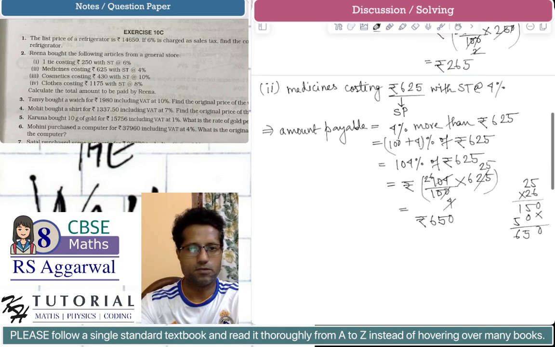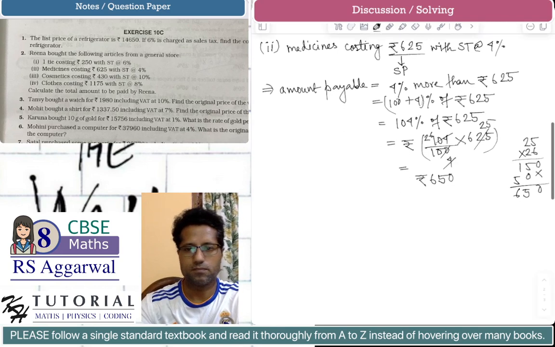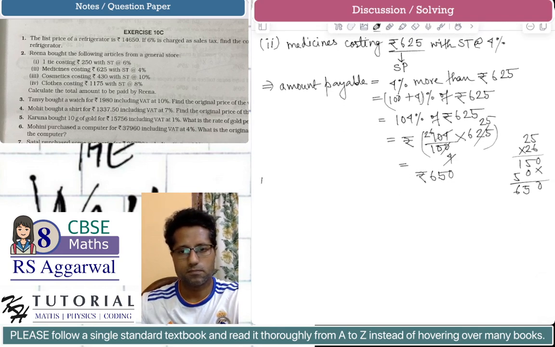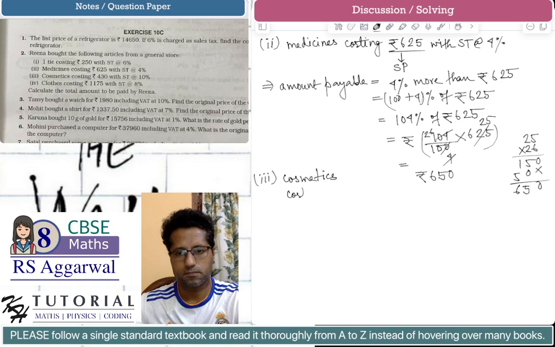Let's see what else do we have to pay. Item number 3 is cosmetics. Cosmetics costing rupees 430 with ST at the rate 10%.